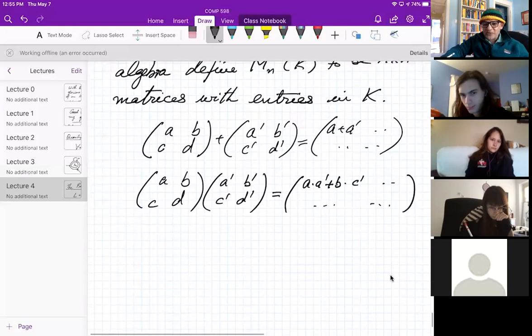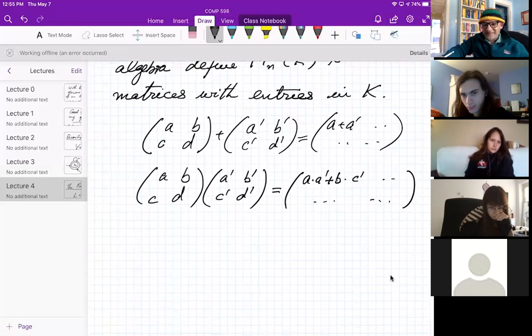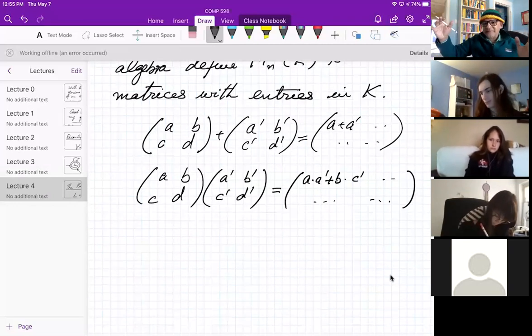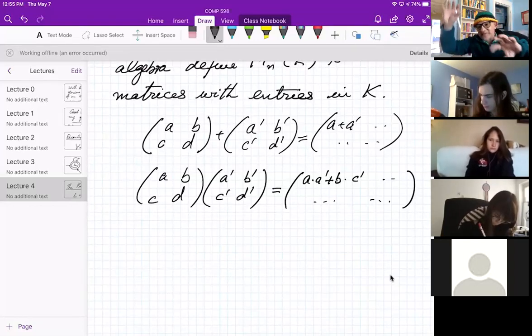Now we come to the cool part, which is what the hell is star? So of course, what is zero? Well, you put zeros in every element of the matrix. But what's one? It's the usual ones along the diagonal and zeros everywhere else. That's the usual identity for matrix multiplication. That works in this case also.